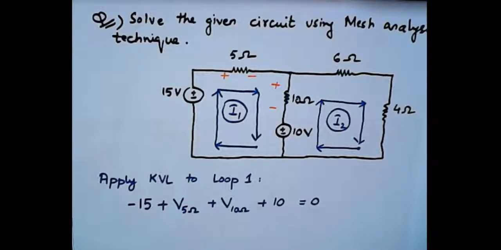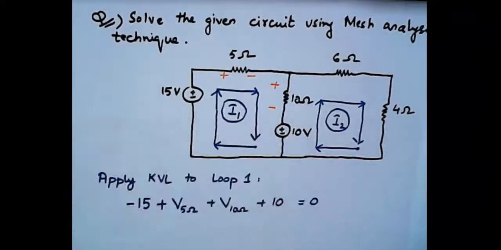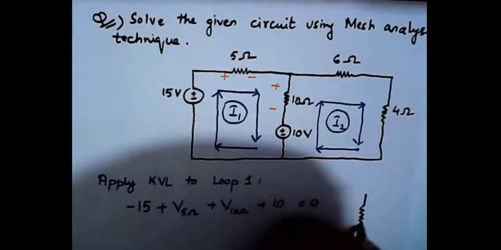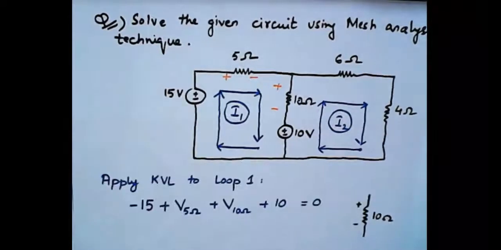Now another thing that you need to see is this 10 ohm resistance. If I draw this 10 ohm resistance as a separate resistance, here is the positive polarity and here is the negative polarity, right?